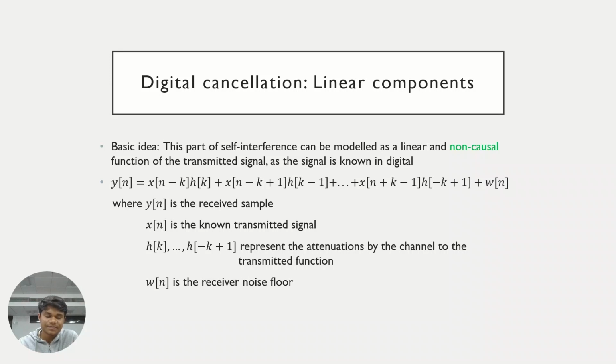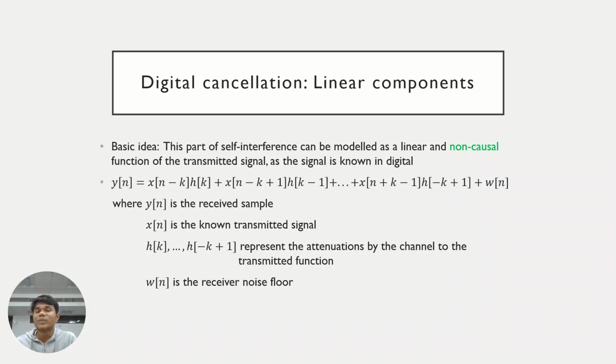What that means is, non-causal means we are trying to predict what is going to come to us. We do not know for sure what it is going to be, but we are going to model it because we know what it was in the digital form, and it must not have gone through much change. Whatever change it might have gone through, we are trying to model it.